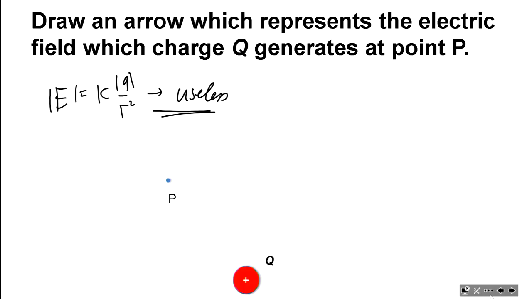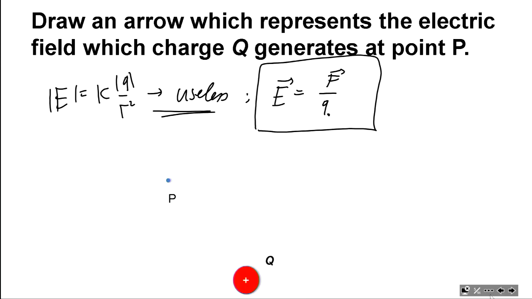And if this equation is useless and we only have two, there's only one choice left: the definition, which relates a force acting on the test charge placed at that location where we are measuring the electric field. So you have to now use the definition.